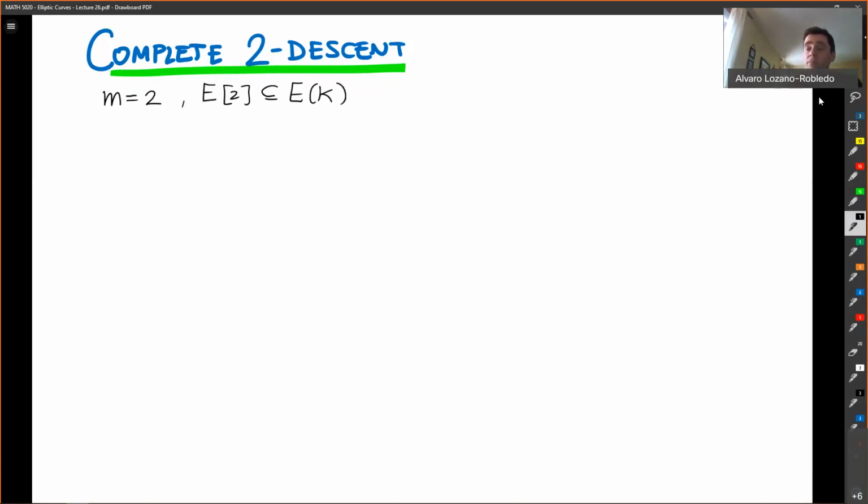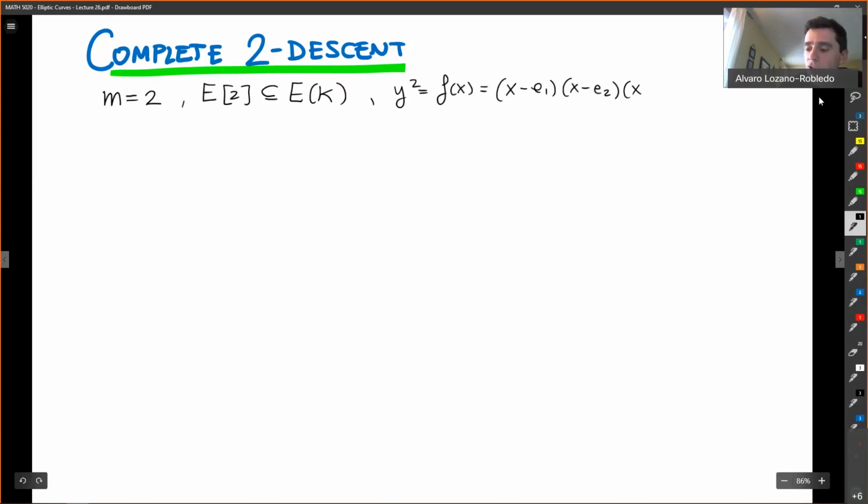All right, so the elliptic curve has full 2-torsion. If it's in short-Weierstrass equation, what that means is that it is y squared equals f(x), and f(x) factors completely: (x minus e1)(x minus e2)(x minus e3) for some e_i in K, and the e_i have to be different because it's an elliptic curve, it's smooth.